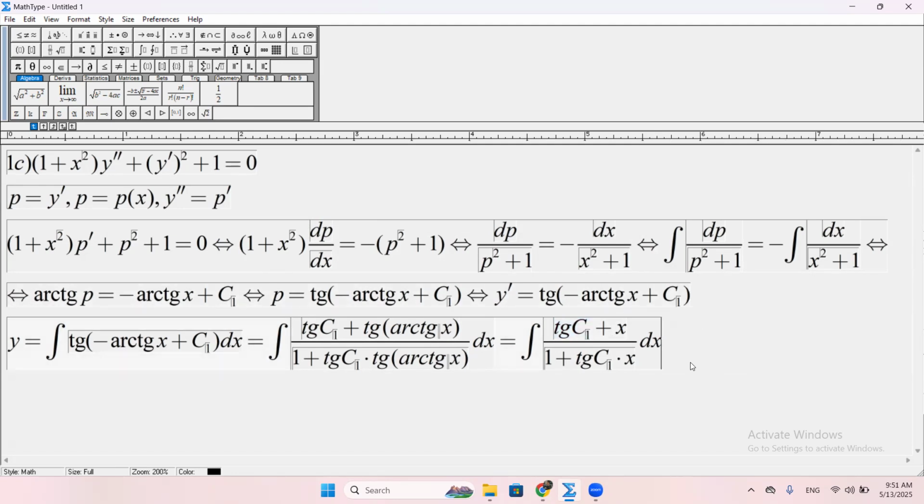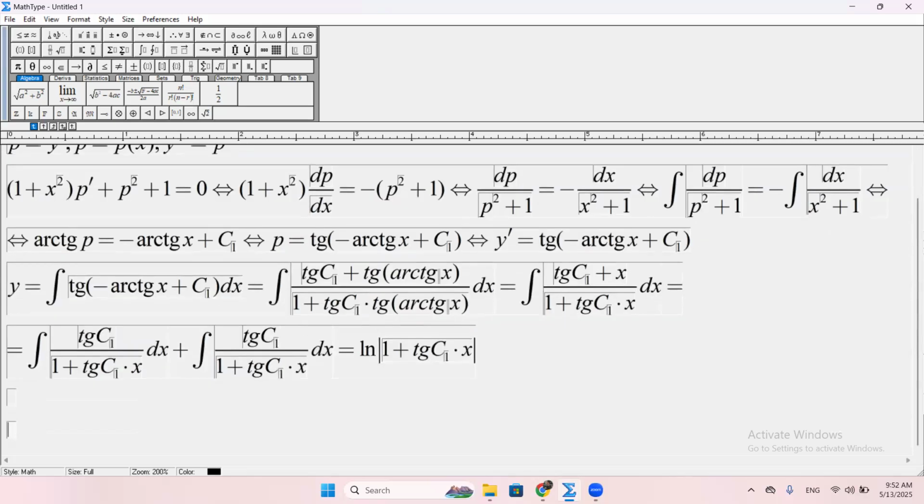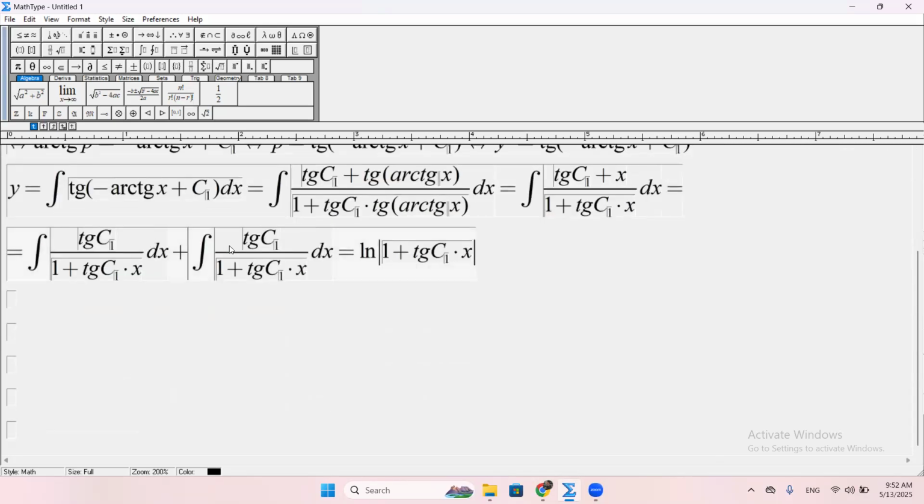So let's rewrite it, first of all, by splitting it into a sum of integrals. The first integral will be equal to the logarithm of the module of this expression. Then, what about the second integral? Let's calculate it separately.